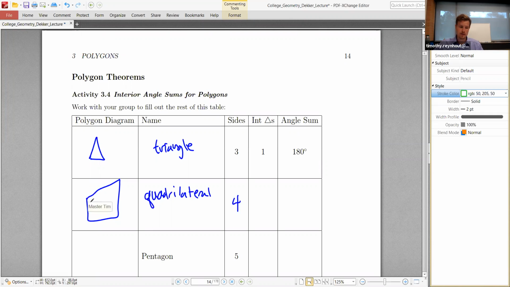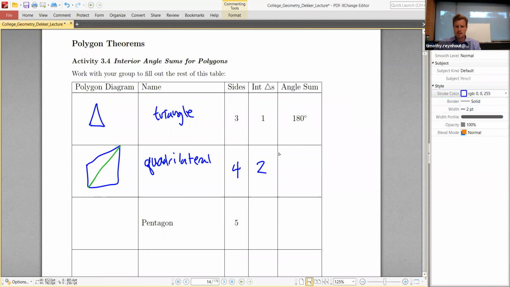So the points of the triangle could only be these 1, 2, 3, 4 possible points. So let's say we split our quadrilateral like that. So now we have this triangle and this triangle. So there are 2 interior triangles.